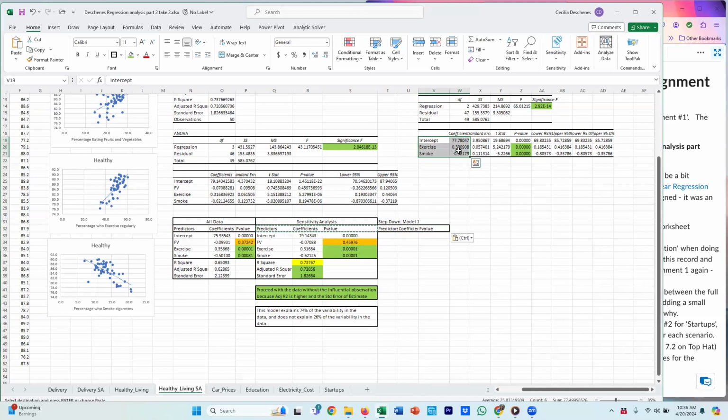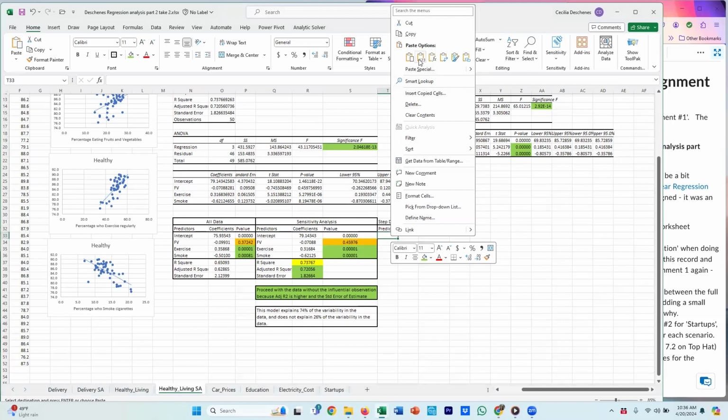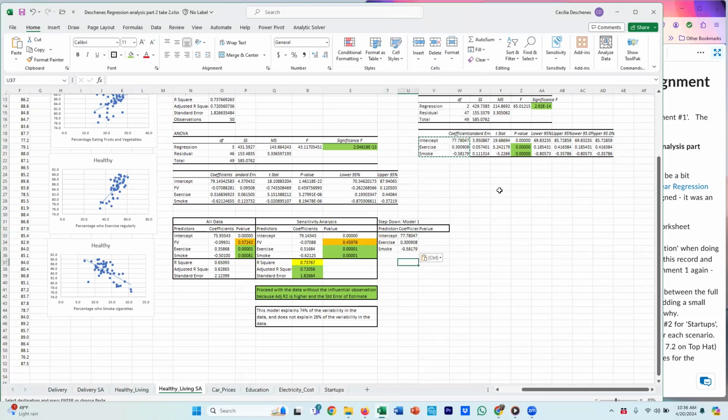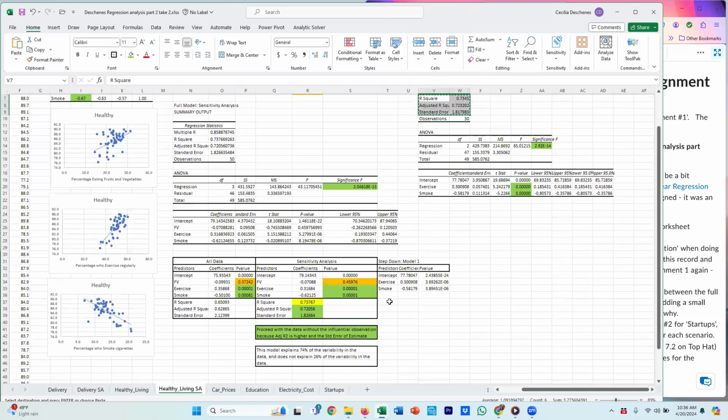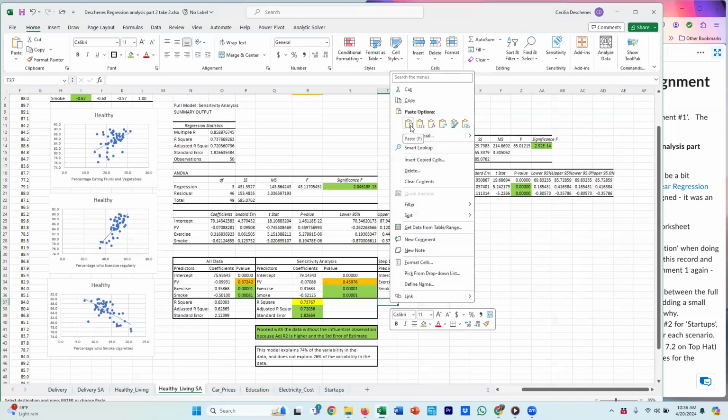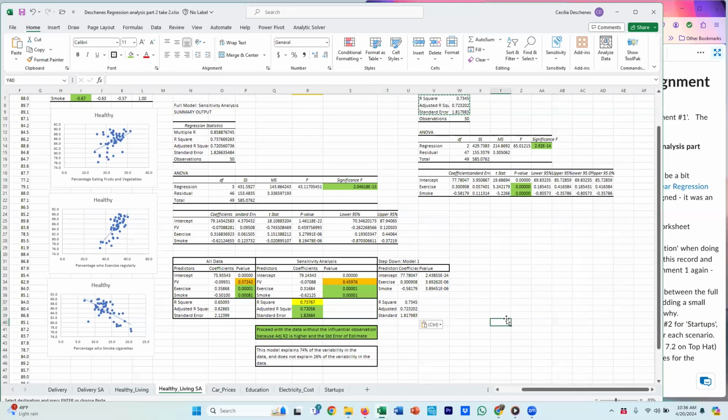So I'm going to grab this data right here. And I'm going to grab the p-values. And I am going to grab the R-squared and the adjusted R-squared and the standard error. And I'm going to copy that down. And I'm going to try to go ahead and keep it there. All right, so I don't know if it'll let me, but I think what I want to do is use the formatting here.